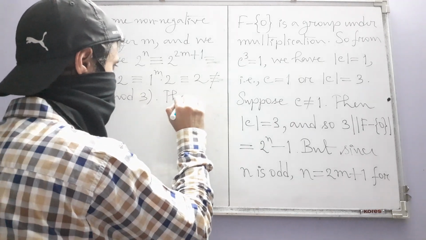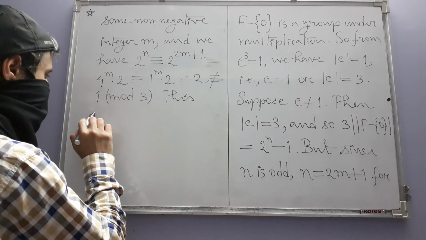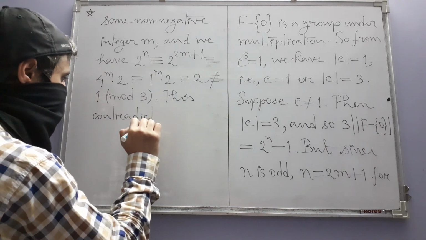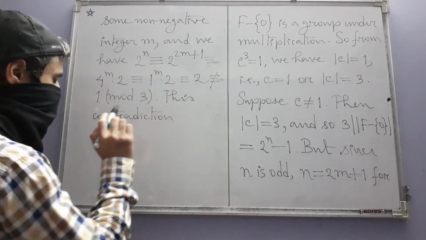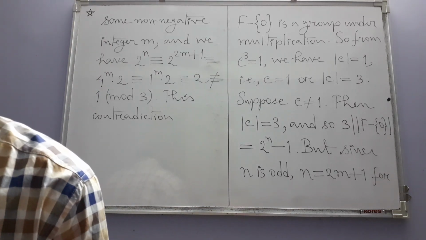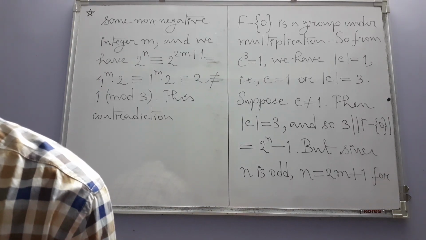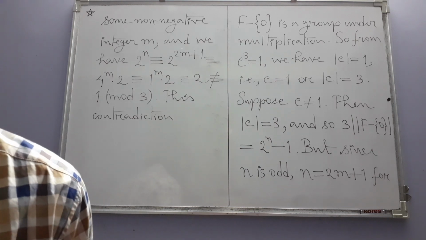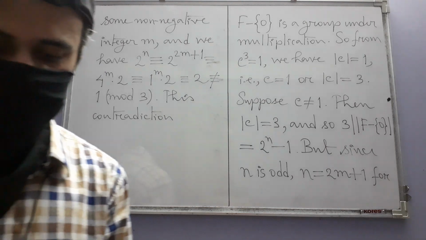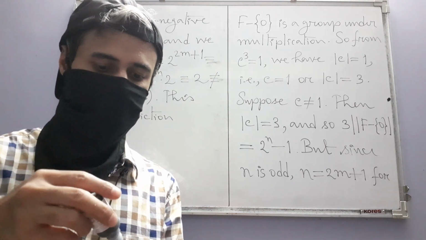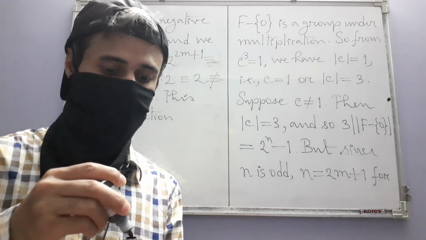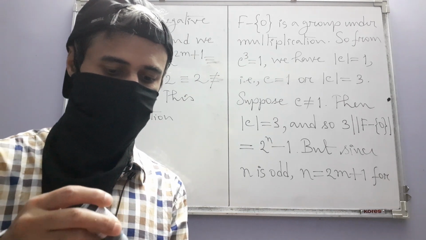This contradiction means something has gone wrong. What is that thing? Whenever something like this goes wrong, it is the latest supposition that is wrong, that is the last supposition.